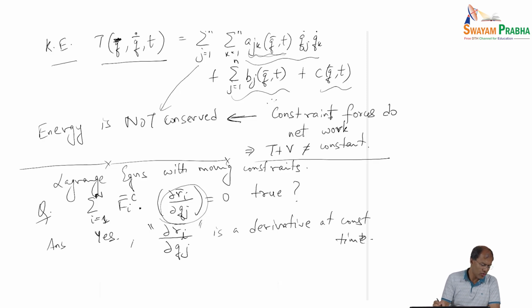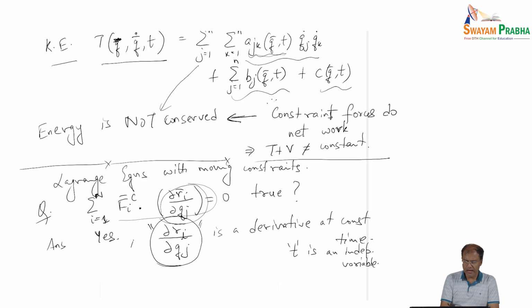This is a derivative at constant time, which means that because t is an independent variable, that is certainly true. T is an independent variable, and this is a partial derivative at constant time. So in that case we can certainly use our same ideas of principle of virtual work where time was not appearing, because here we have fixed time. Time is constant means time is fixed, or time doesn't appear in the calculation.